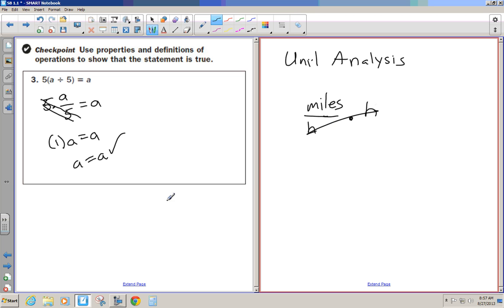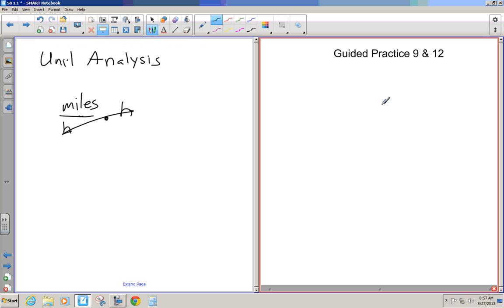So I'm going to do a couple of the guided practice for you so you can kind of see what we're dealing with. Solve problems using unit analysis. This is on page 5. You work 6 hours and earn $69. What is your earning rate? So it's asking you how many dollars per hour did you earn. This is number 9. The problem says that you worked 6 hours, and you got paid $69.